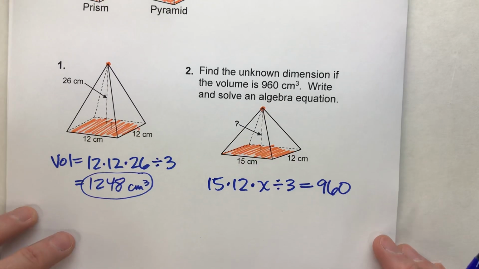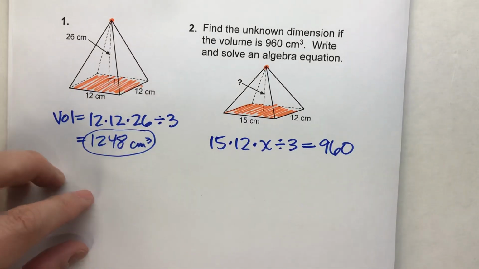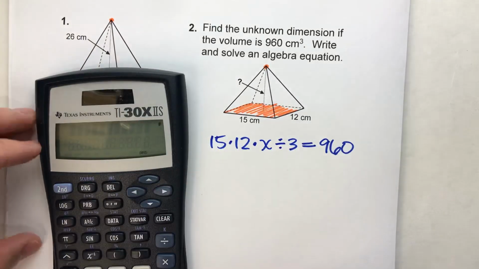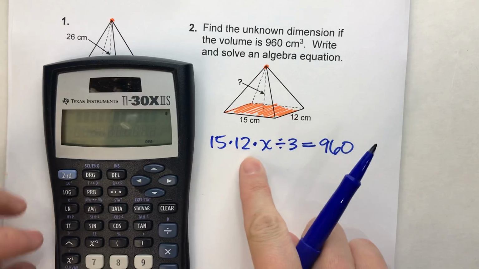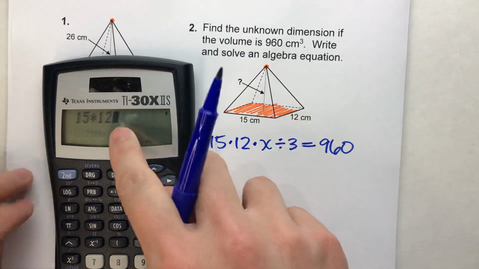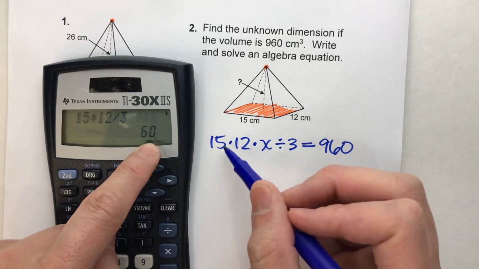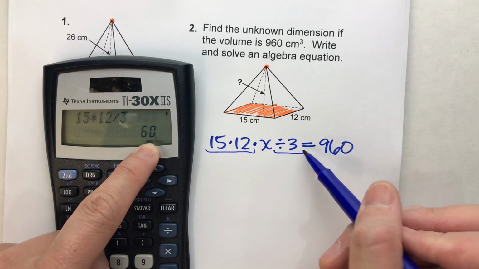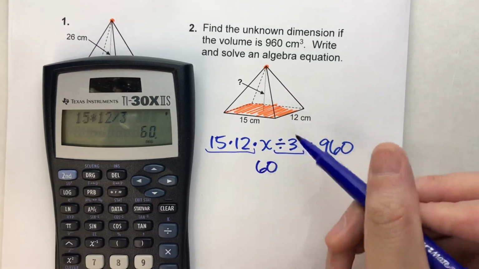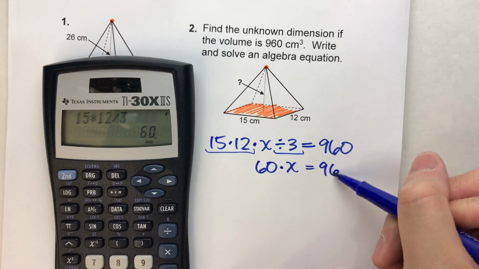All right? So if I want that height, I just have to solve this equation. And it helps us simplify this a little bit, right? We've got 15 times 12. We've also got to divide by 3. So I can do that all together as one big step. So this and this all ends up being 60. So this whole thing simplifies to 60 times x equals 960.